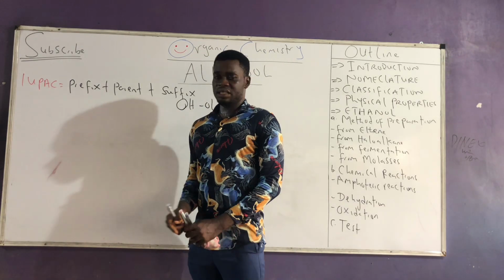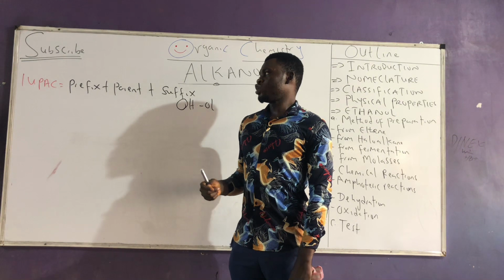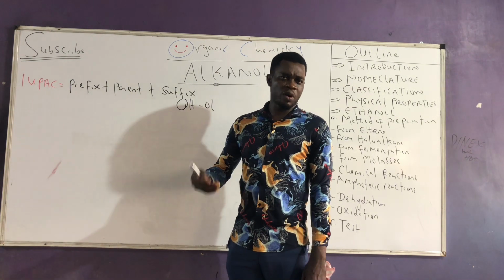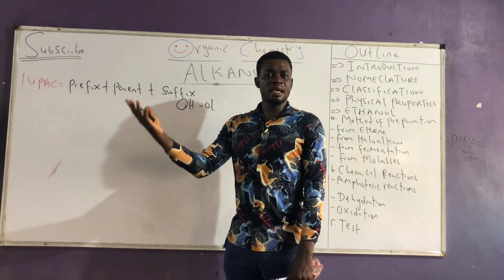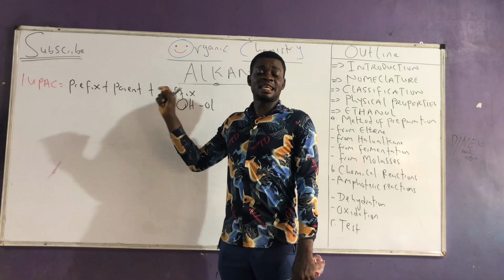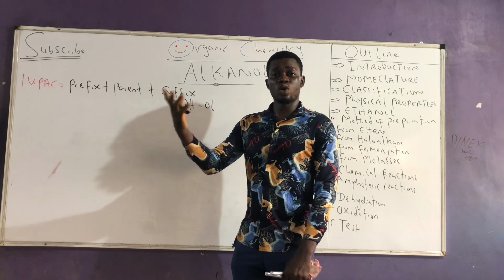Then your prefix. Your prefix usually represents 2 things. It can represent any branch that is present, any alkyl group, for example methyl, ethyl, propyl, and so on. It can also represent any secondary functional group present in the organic compound, for example chloro.